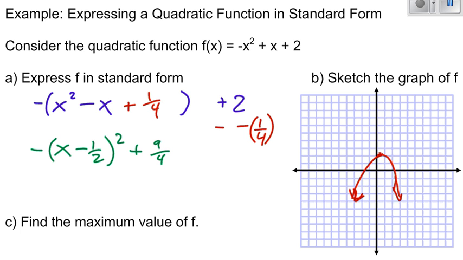Like that. Find the maximum value. Well, that's going to happen at the vertex. The vertex is (1/2, 9/4). So you can say the maximum value is f of 1/2, which is 9/4.